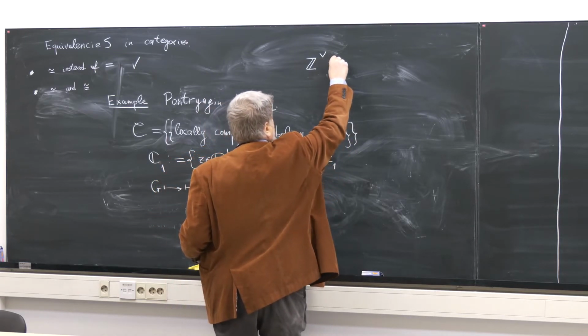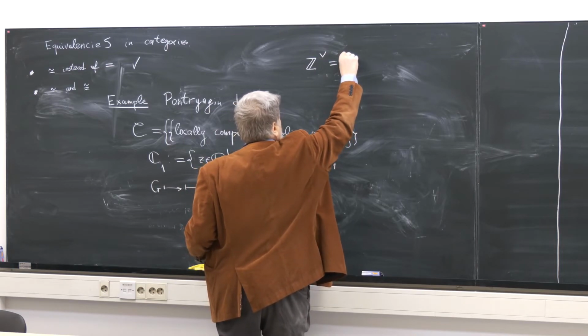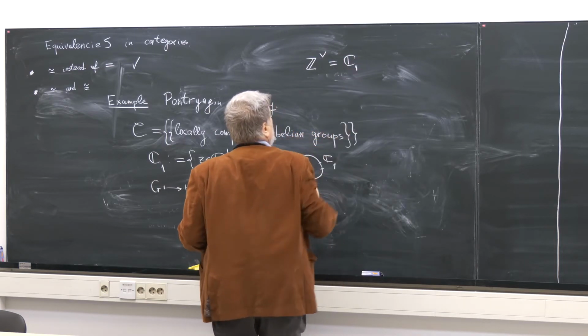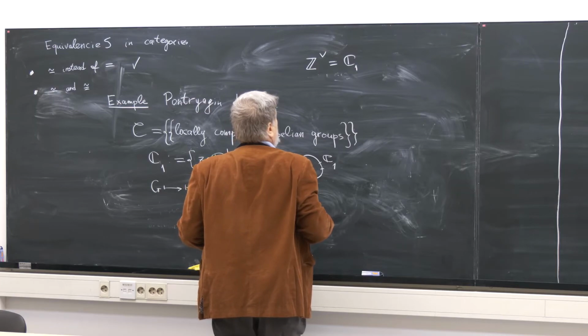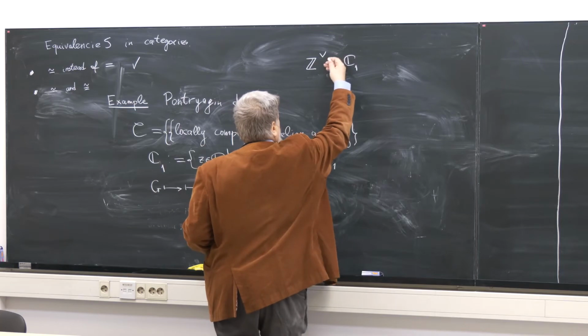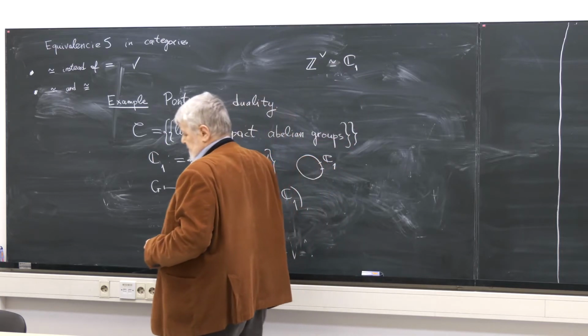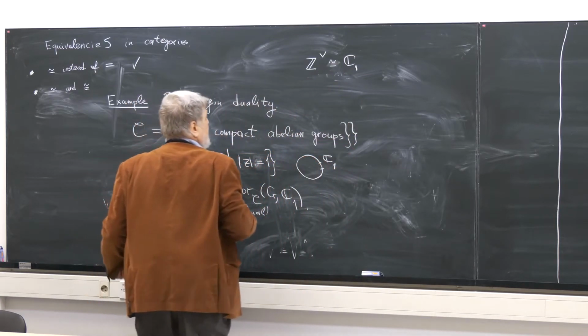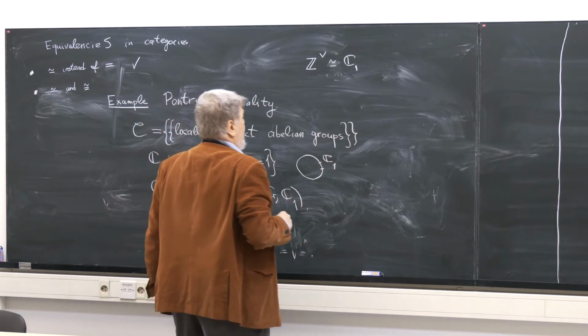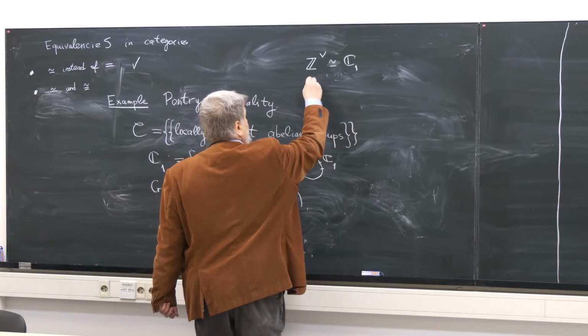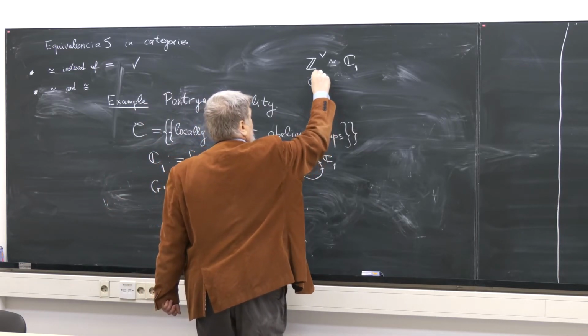So this is C sub 1, well, can I put the equality sign? No, just, well, the most accurate way would be to say that it is isomorphic. On the contrary, C1 check.